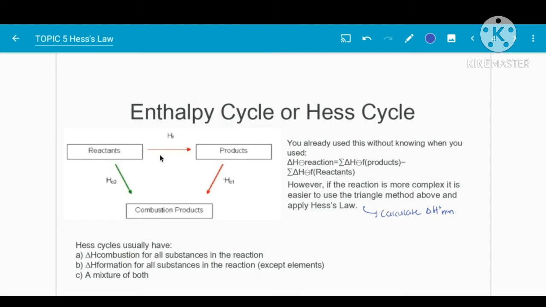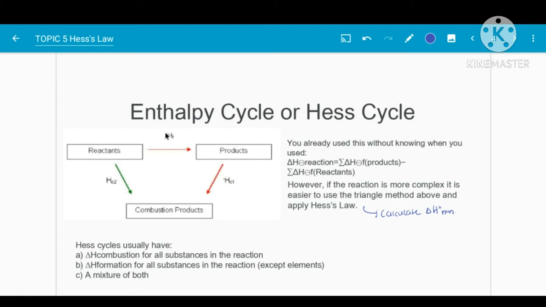In a Hess cycle or enthalpy cycle, maybe they are made up of enthalpy changes of combustion, maybe they have enthalpy changes of formation, or maybe they have both. Reactants return and produce a product.